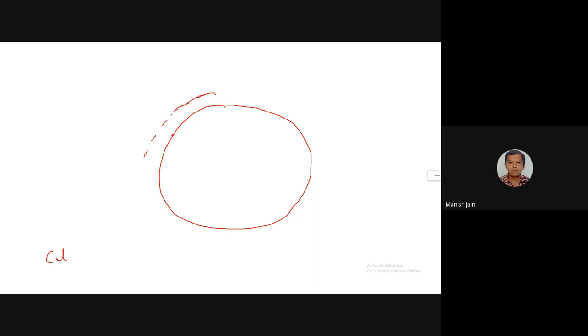There is a film of air around the catalyst. So this is the film of air which surrounds the catalyst, and here the concentration is CA0. At the surface, your concentration is CAF.